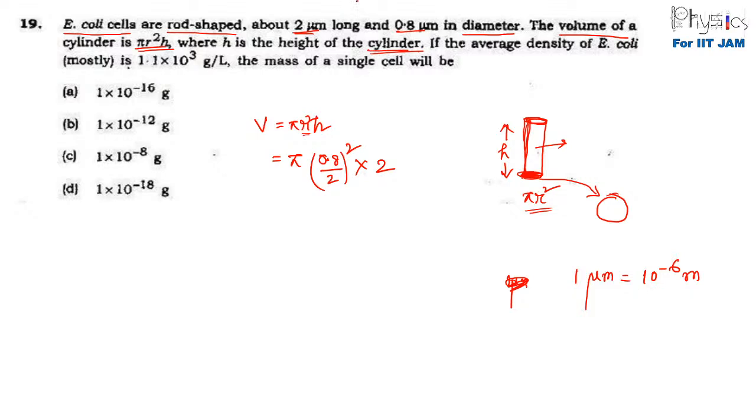Now there are 3 micrometers because 1 is for length, this one, and 2 is for this radius, right? That is for this and this. So multiplied by 10 to the power minus 6 times 3, right?